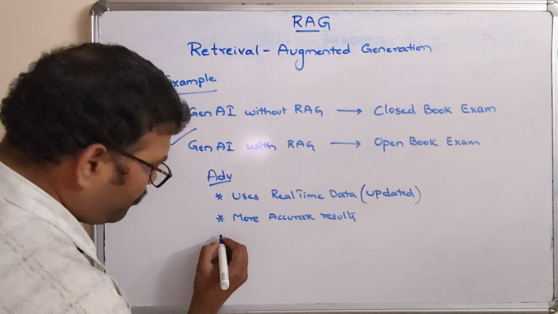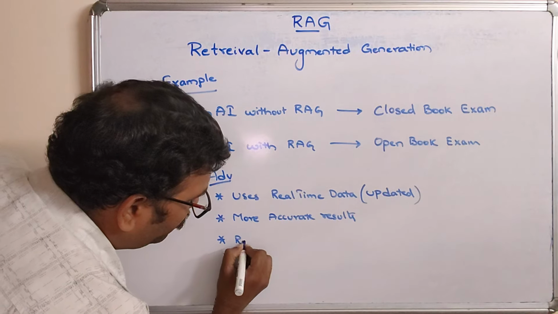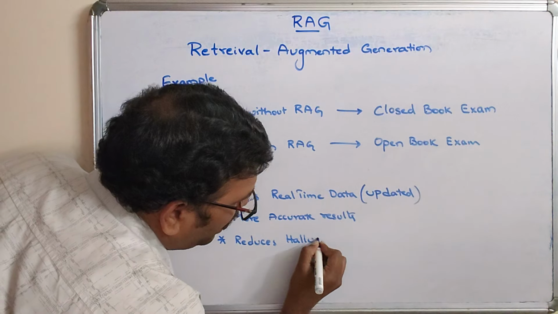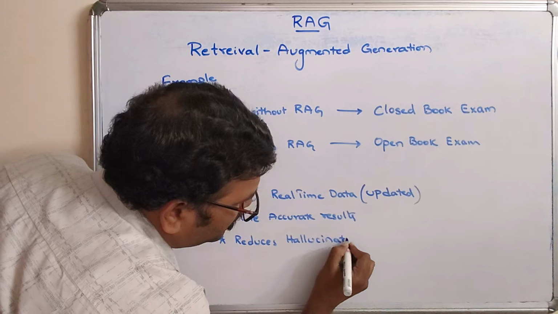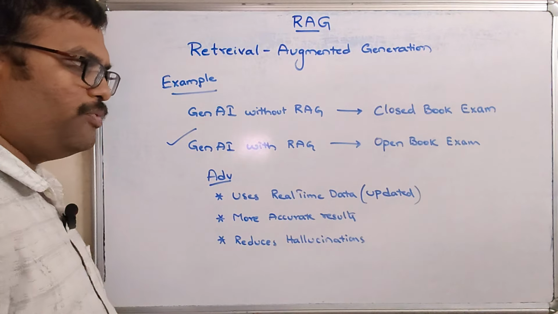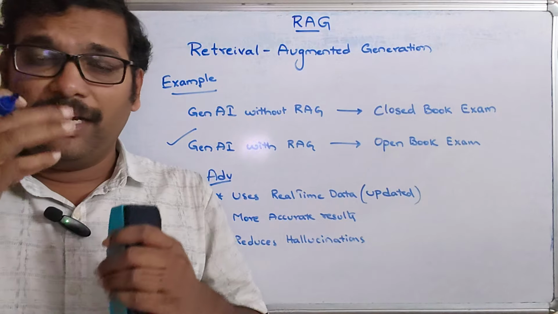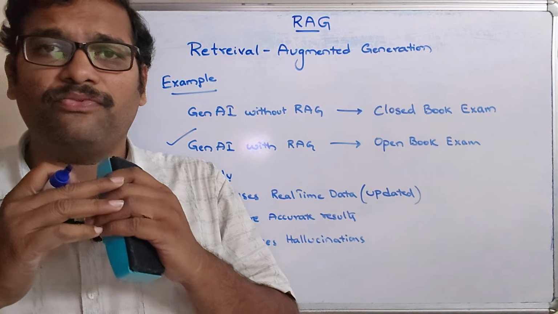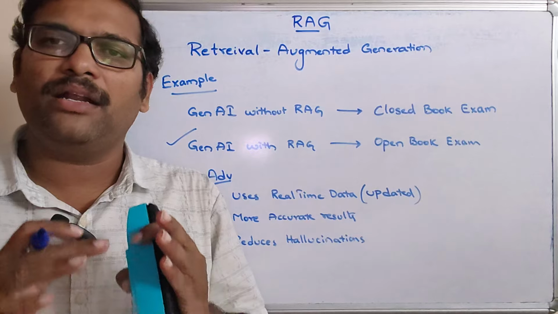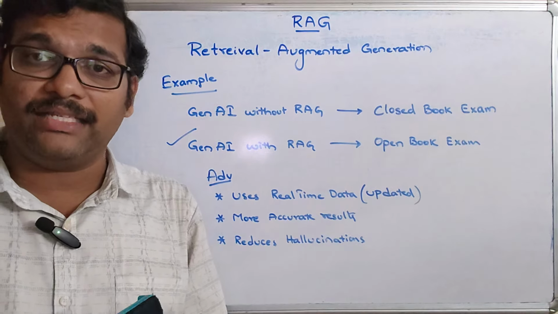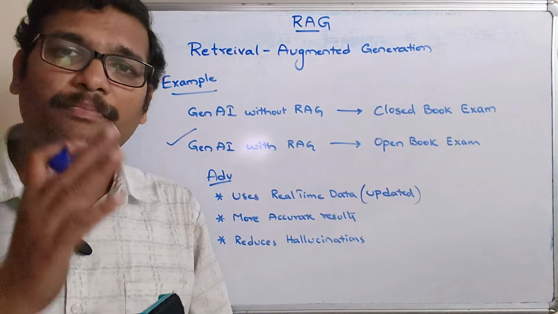It also reduces hallucinations. This is one more disadvantage of using generative AI, because hallucination means the answer seems very much correct, but definitely the answer is wrong. It is so confident in giving the answer, but the answer is completely wrong.